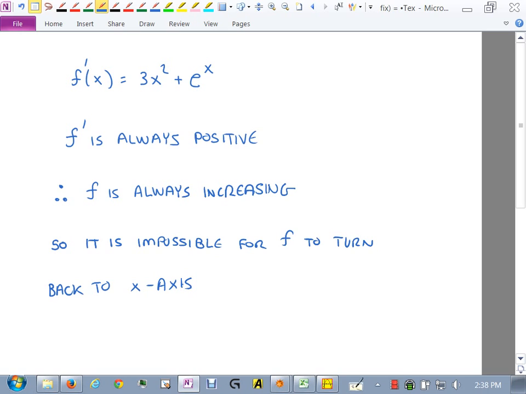So there's only one solution. I don't know what it is, but then I would employ the bisection method or Newton's method or go to Wolfram Alpha.